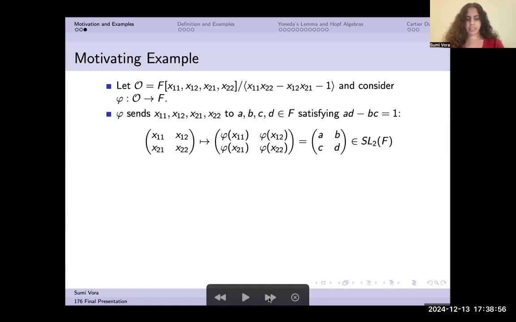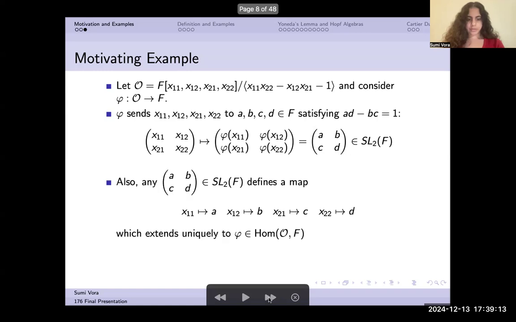And in this case, Z_I is just the group SL2(F), the special linear group of dimension 2 with entries from F. Also, if you think about it the other way, if you pick something in the special linear group with entries from F, SL2(F), i.e. Z_I, notice that we have a unique homomorphism, phi, that comes from this matrix, because we know where phi takes all of its generators.